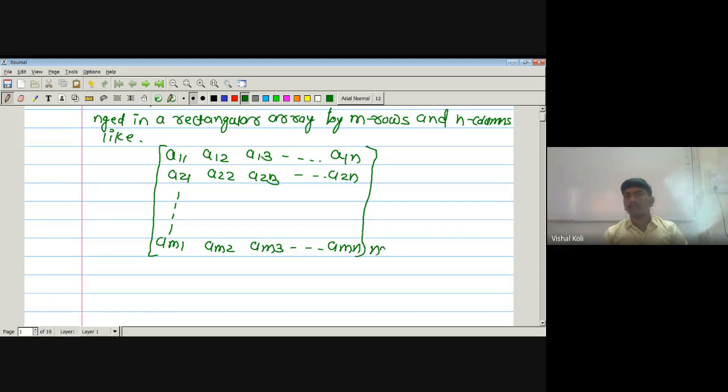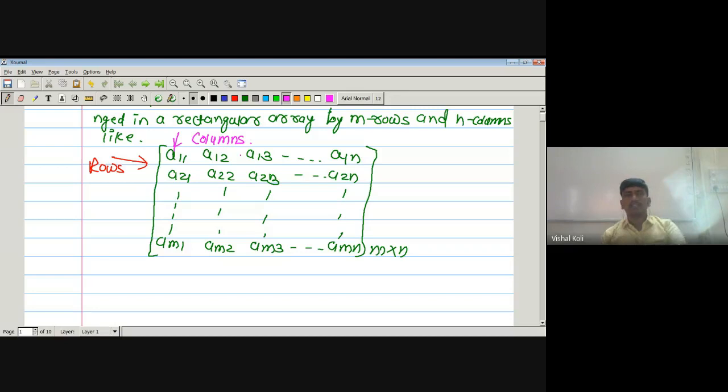Where there are m rows and n columns. Okay, so these are the rows and these are nothing but the columns.